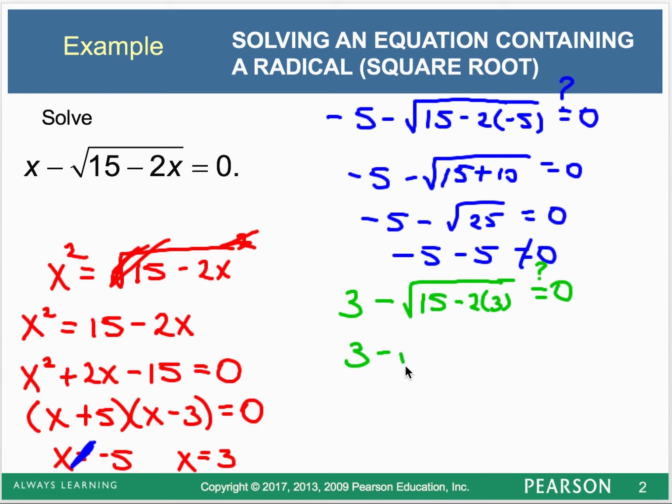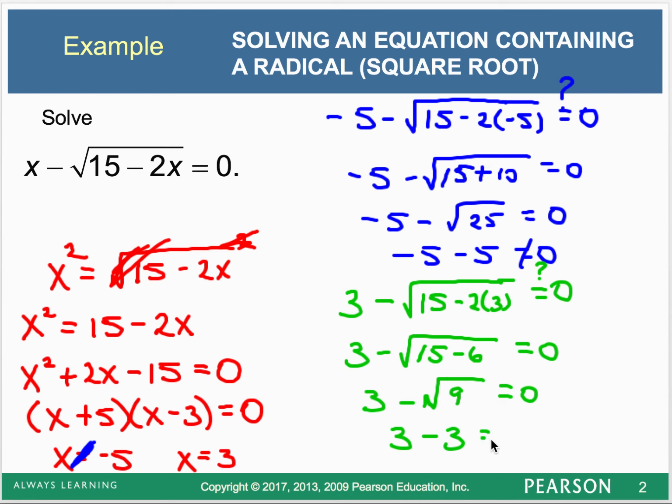So it's 3 minus the square root of 15 minus 6 equals 0. 15 minus 6 is 9. Oh, 3 minus 3 does equal 0. So there's my solution.